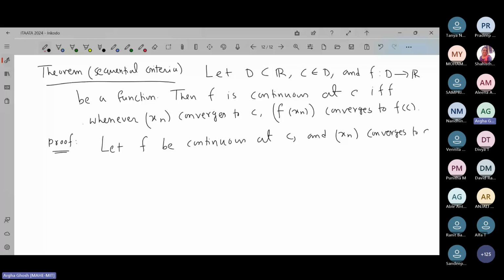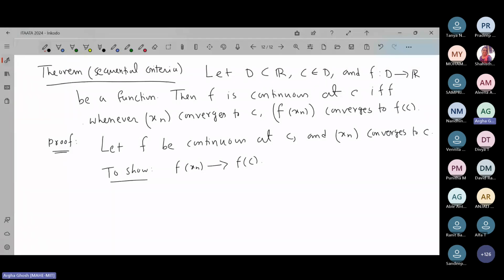We are assuming that f is continuous at c, and we have a sequence xn which converges to c. Okay. What we have to show? We have to show, writing in short, that f of xn converges to f of c.